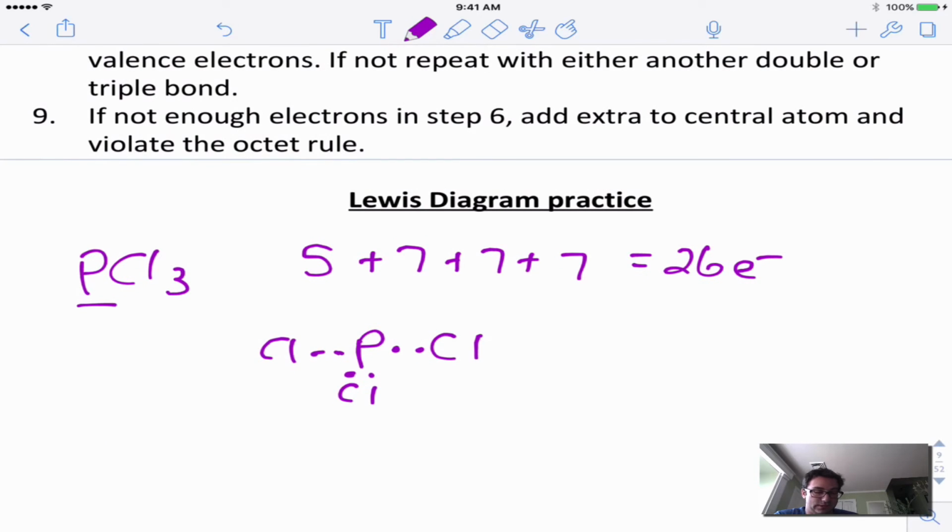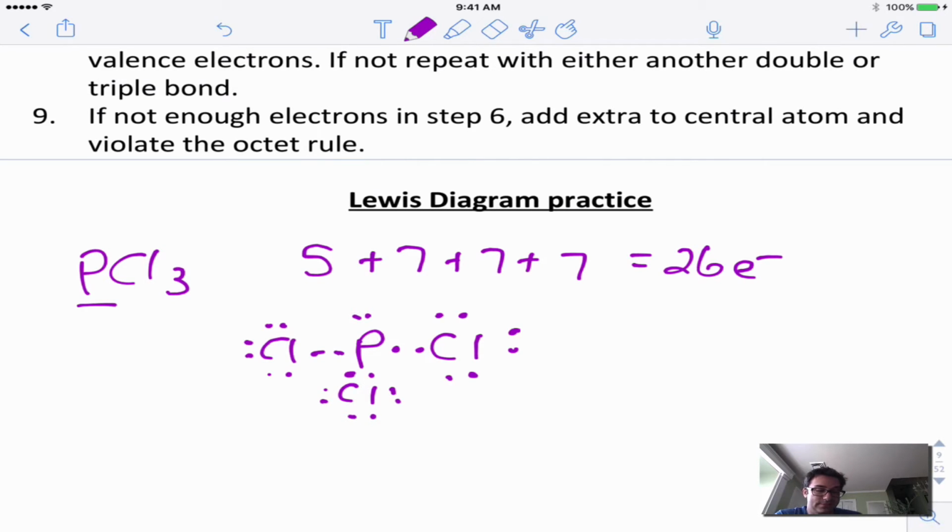None of the exceptions are here, so this Cl needs 6 more. Now it has a total of 8. 2, 4, 6, and 1 bonding pair or shared pair makes 8. The Cl on the bottom, 2, 4, 6, gives us 8. The Cl on the left, 2, 4, 6, 2 in the bond make 8. And the P, 2, 4, 6, 7, 8.